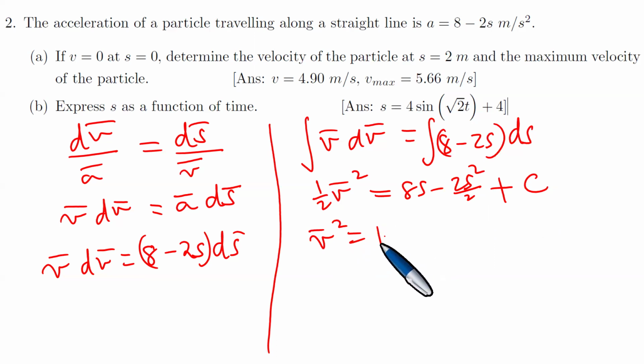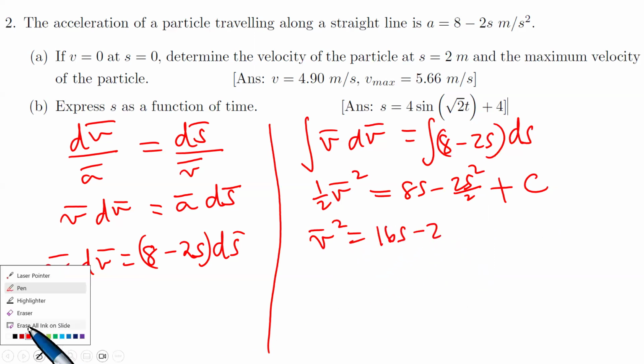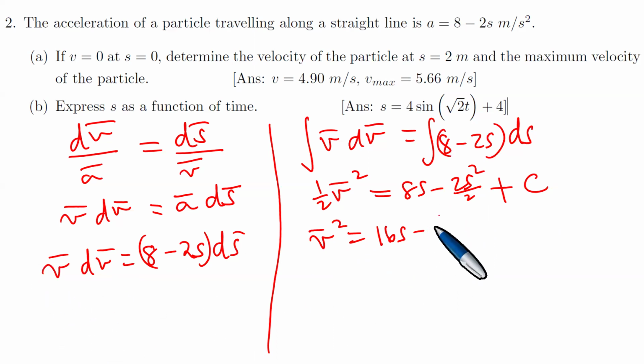Okay, now the 2 cancels out, but you could multiply by the 2 here so that it becomes 16s minus 2s squared plus 2c. It gives us exactly this particular equation.